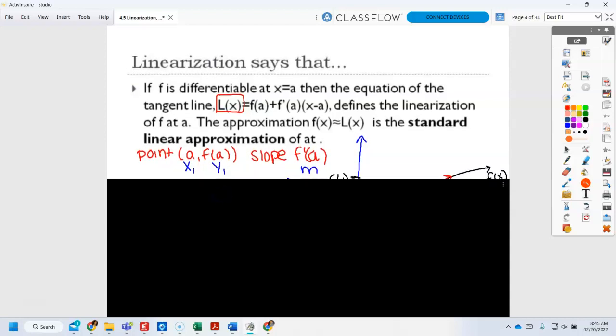So in order to use linearization, we need a point on the curve, and we need the slope at that point.